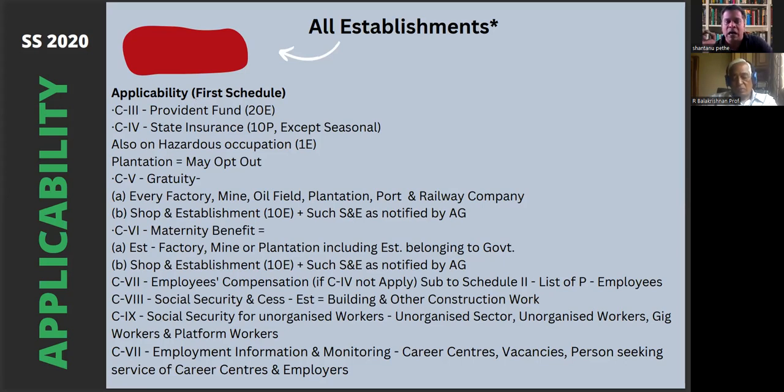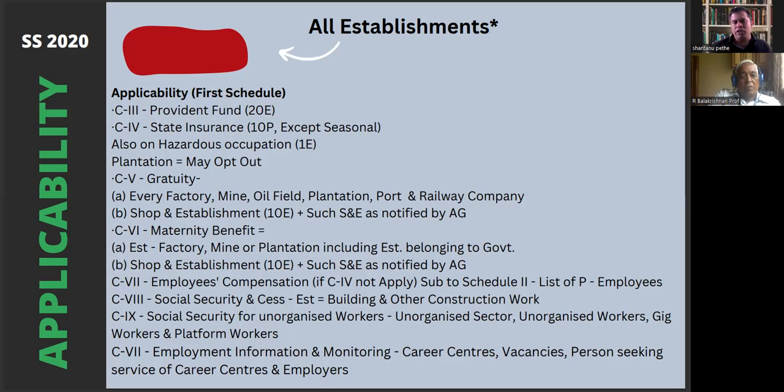Also on hazardous occupation: if you are involved in any hazardous process, remember this State Insurance chapter will be applicable even if there is just one employee. Plantation people may opt out of this state insurance scheme.